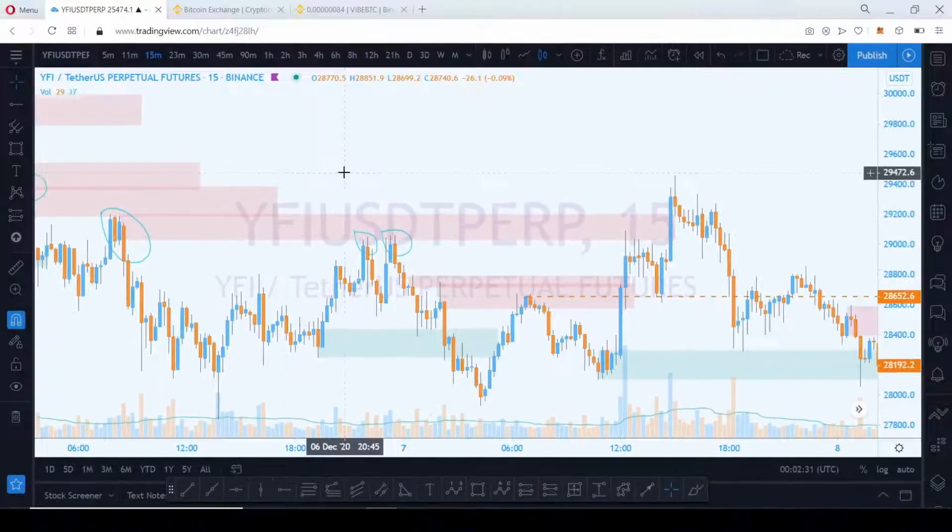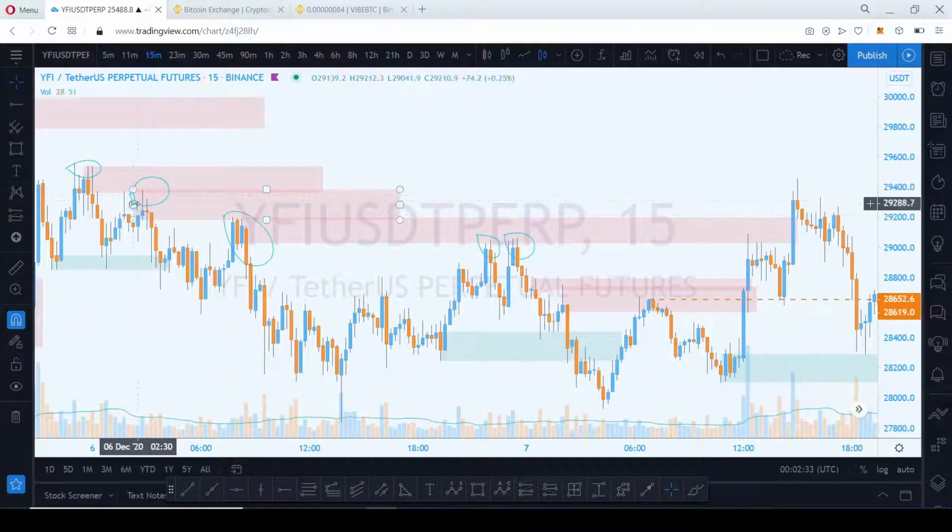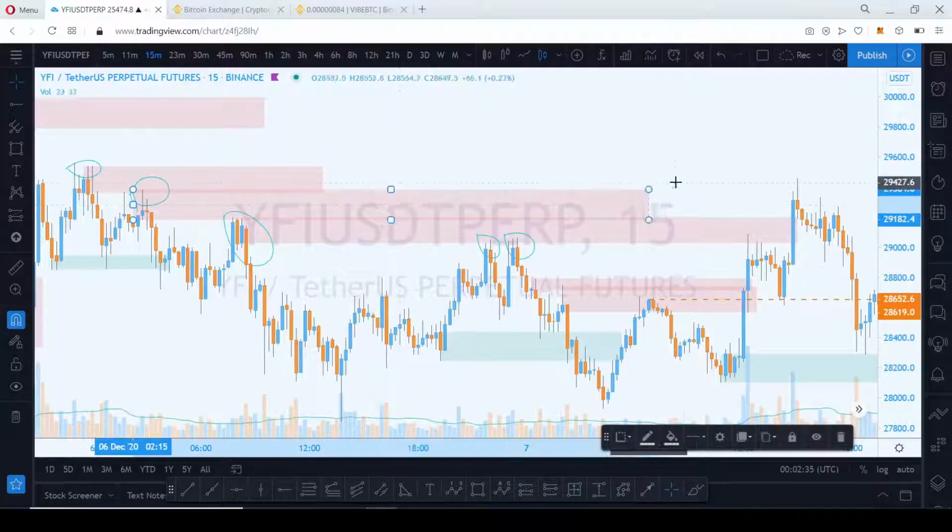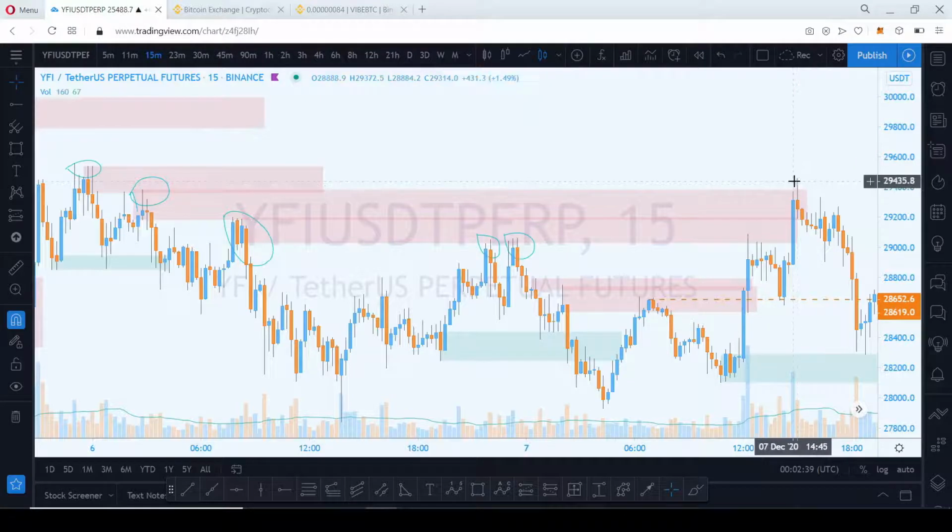Then what happened to this other high here, this very high? Let me extend this to the right. You can see that the highs also got taken out, which means some people's stop losses, their buy stops, have also been triggered, and they are buying back the market which they sold.